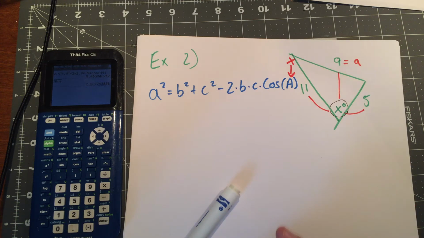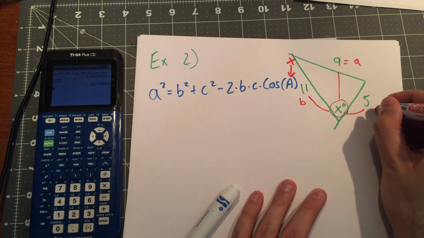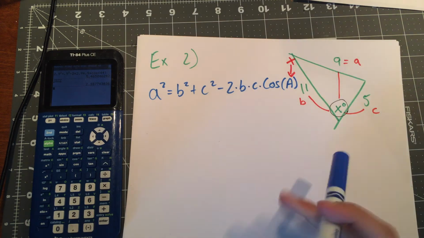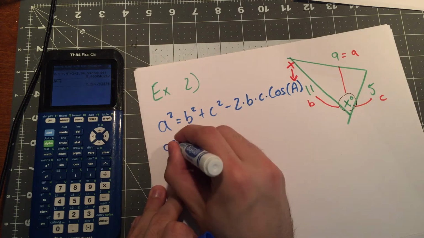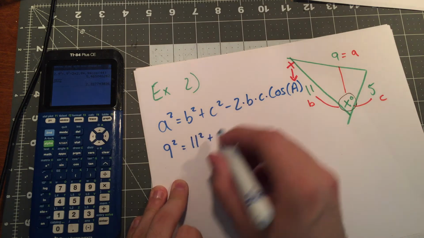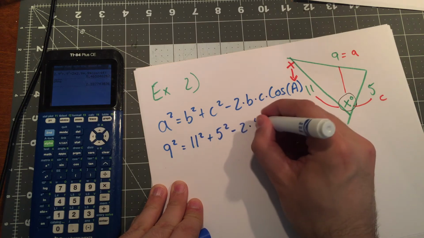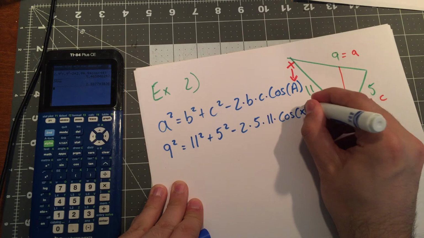For this case, I'm going to make 11 b and 5 c. That just makes sense in my brain. So let me take all the pieces I have and put them in. 9 squared equals 11 squared plus 5 squared minus 2 times 5 times 11 times the cosine of x.